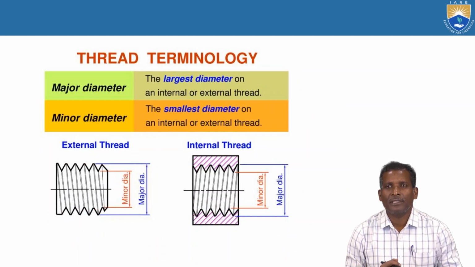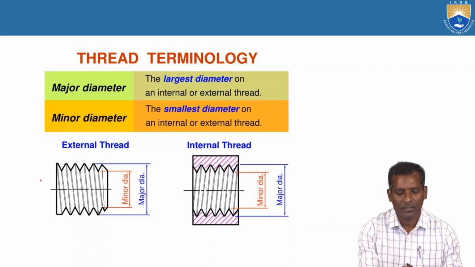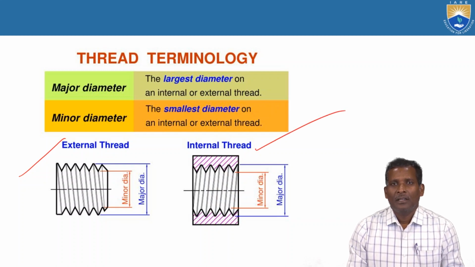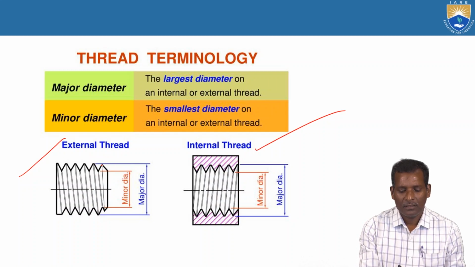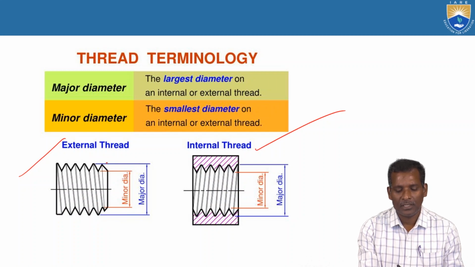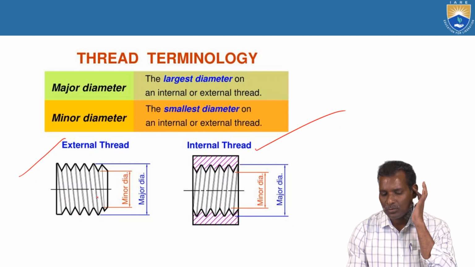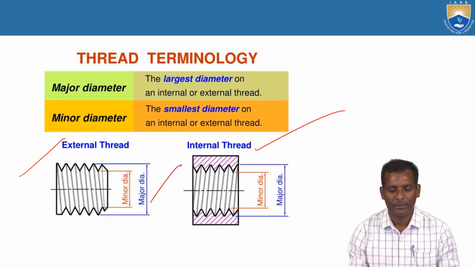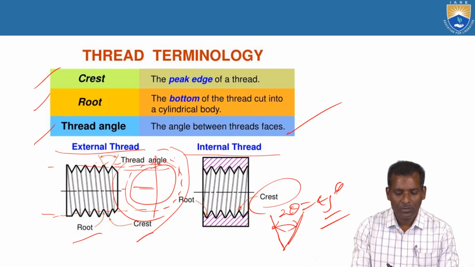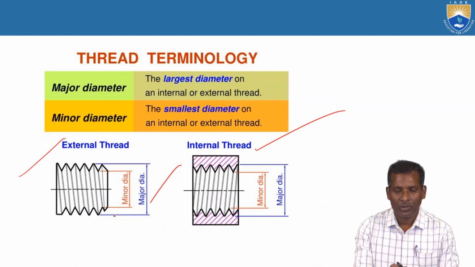Other terms are major diameter and minor diameter. Major diameter is shown in this external thread and internal thread also. In case of external thread, take the topmost peak edge. If you draw an imaginary circle through the top edge, through the crest portion, that is called the major diameter. If you draw a circle through the bottommost portion, that is the minor diameter.